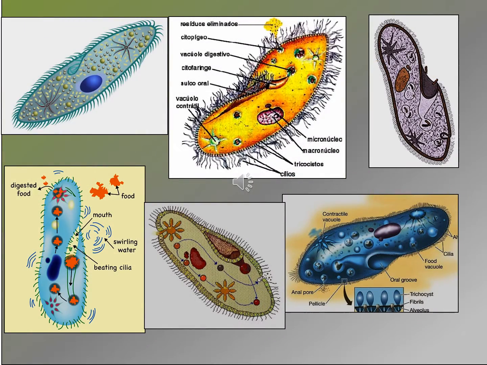In diagrams and drawings, the cilia of Paramecium are quite variable in number, length, and thickness.